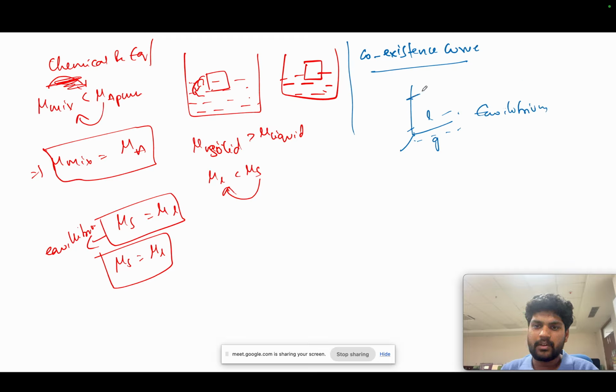This line is the equilibrium line. On this line alone, the particle can be in both the liquid phase and the gas phase. That's why you are taking the phases as 2.